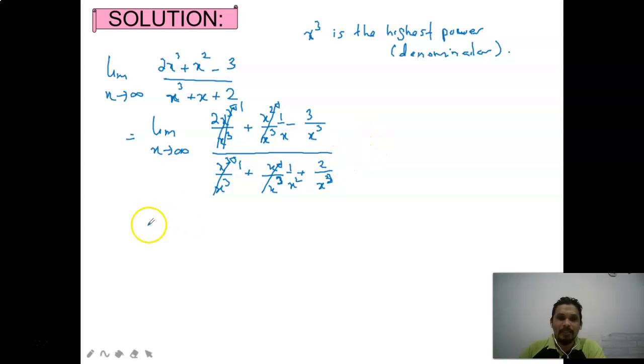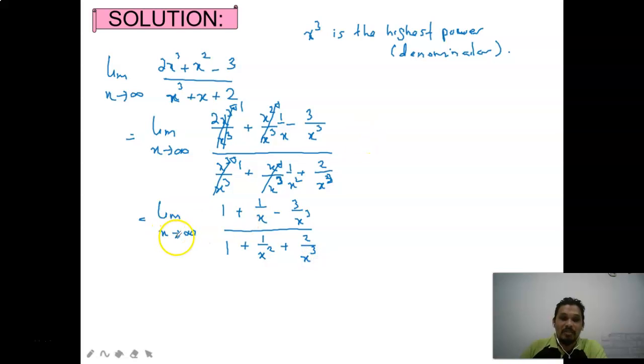Okay, so we simplify this: the limit as x approaches positive infinity of 1 plus 1 over x minus 3 divided by x cubed, divided by 1 plus 1 over x squared plus 2 divided by x cubed.